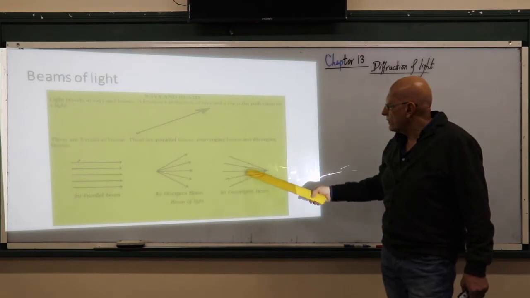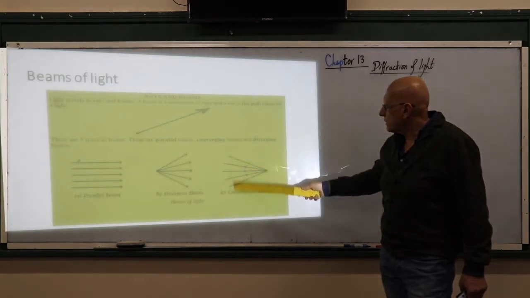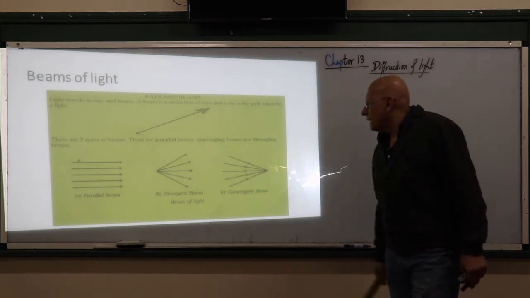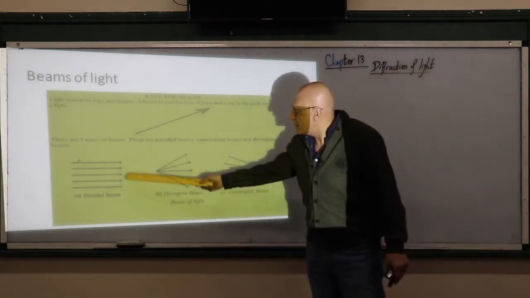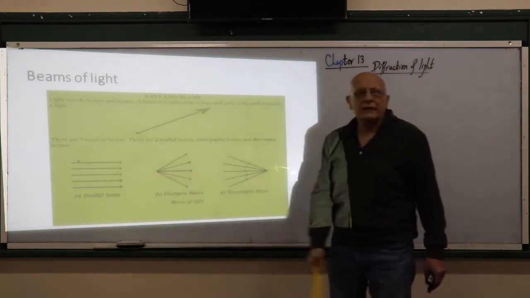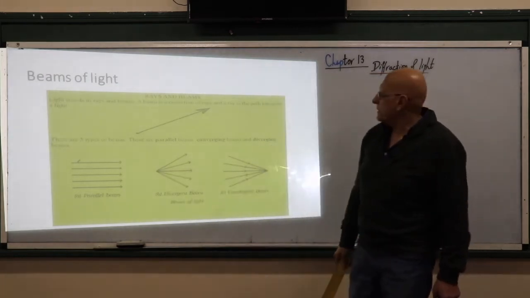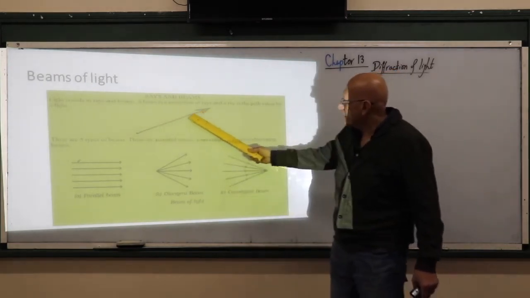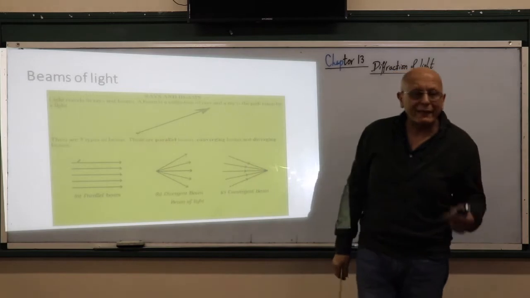To get a convergent beam, you should put a convergent lens. As you see in these beams, the beam is considered to be an infinite set of rays. And this is one ray. What is a ray?